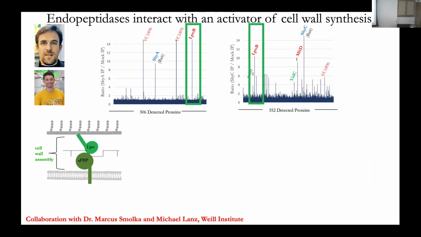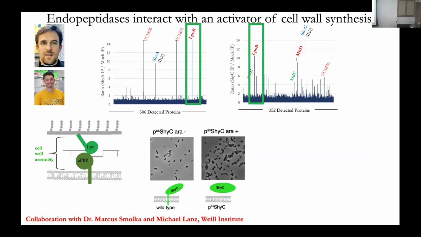LpoB is an activator of APBPs. So this does suggest some connection between ShyA and cell wall synthesis. And the simple working hypothesis here is that ShyA only gets activated once it interacts with the cell wall synthesis complex, and that's how you regulate degradation and insertion of new material without loss of structural integrity.